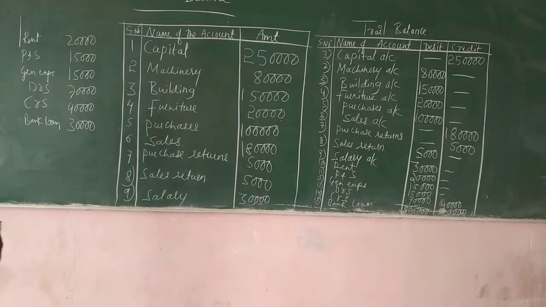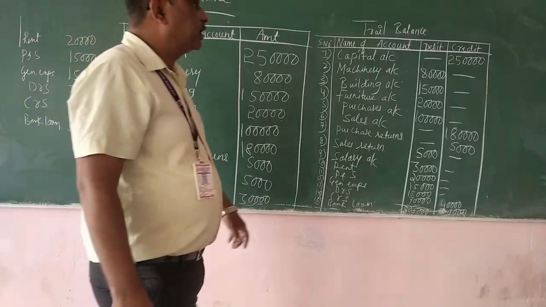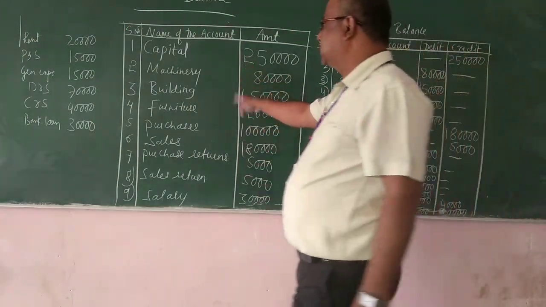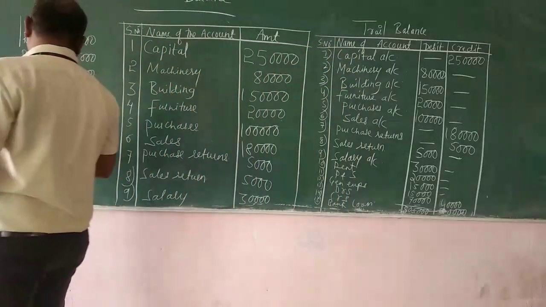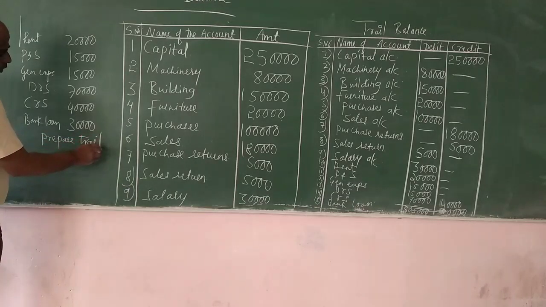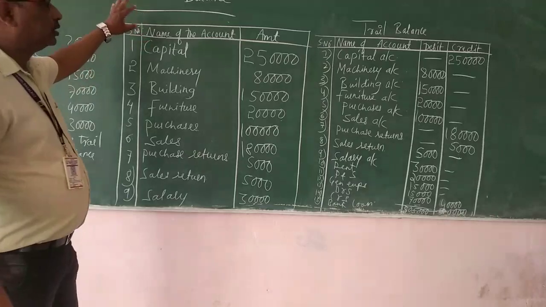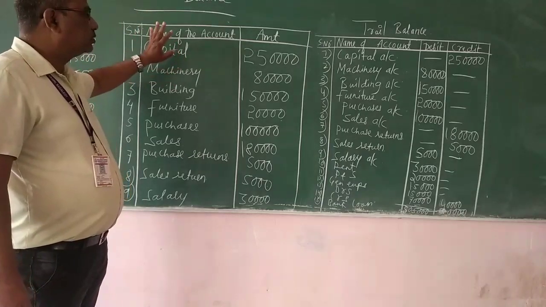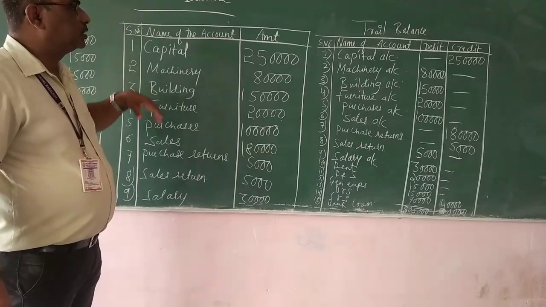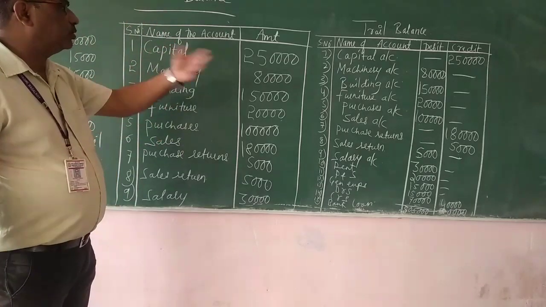So children, this is how we are supposed to prepare the trial balance. The information will be given like this, and they will ask you to prepare the trial balance. You should decide what to debit and what to credit.